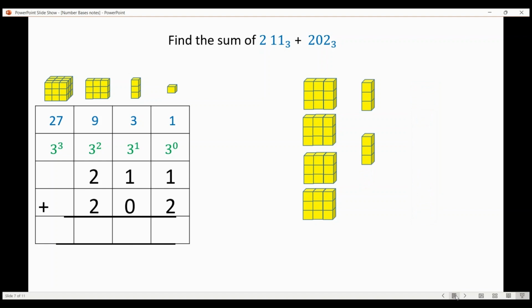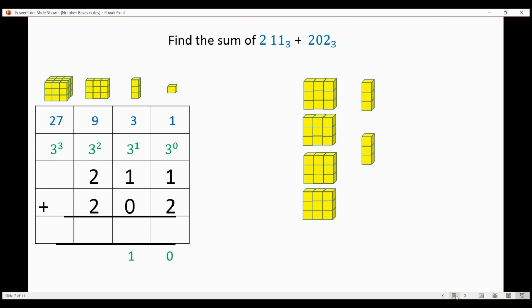So what that tells us is that 1 and 2 is really 0 units and 1 group of 3. So it looks like it's 10, but what it really means is 0 groups of 1s and one group of 3, which is what happened here when we did the replacing or the regrouping.